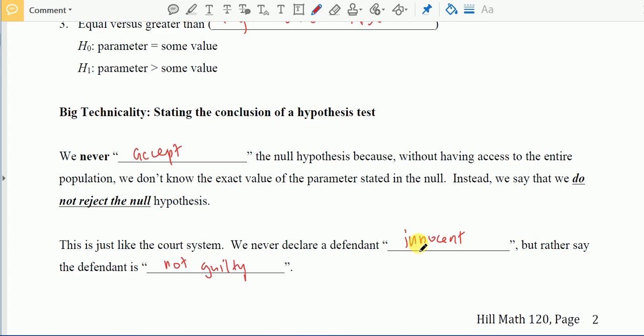Not innocent doesn't mean that this guy is guilty, but we say that it is not guilty. So that's kind of tricky. We never accept the null hypothesis, but at the same time we do not reject it either.